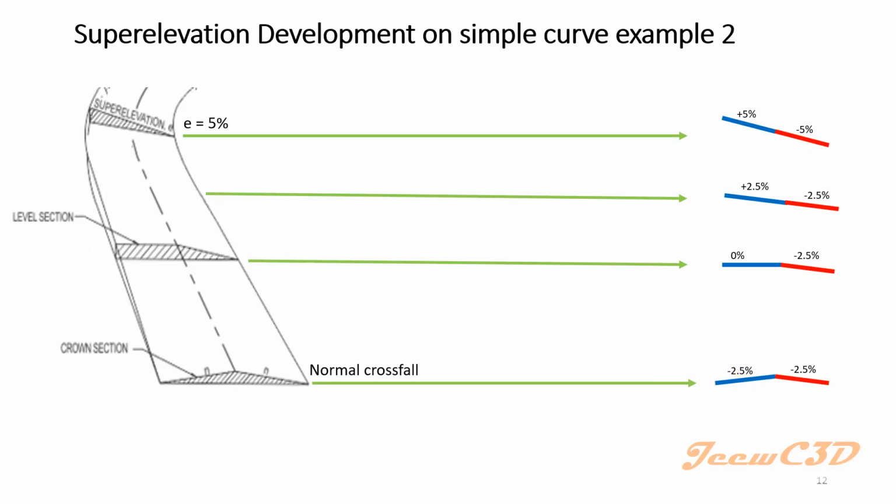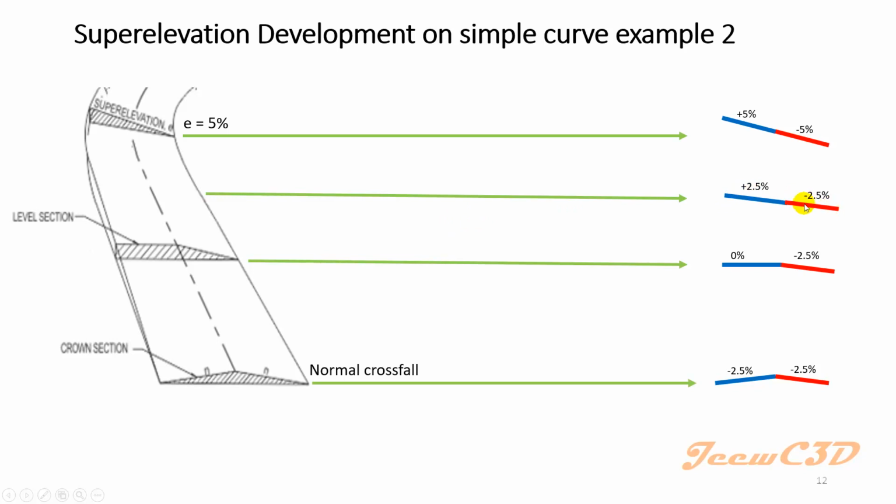Now look at how this is developed. In the normal crown you have -2.5 and -2.5. Then over some distance the left side increases, but the right side remains the same, and at one instance both sides become -2.5 and +2.5.